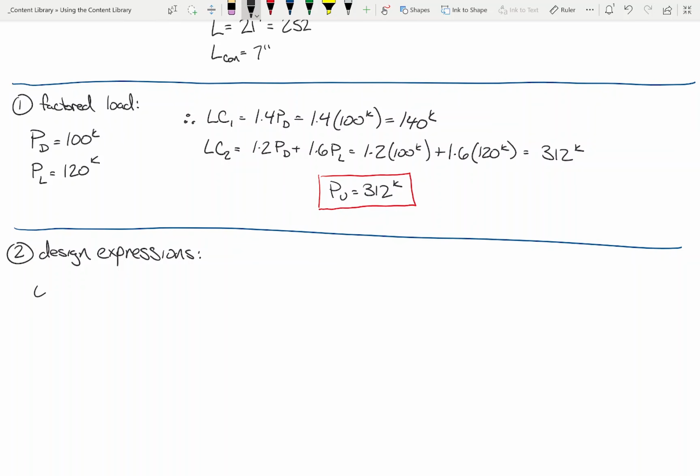What is 0.9 Fy? Now, what is 0.75 Fu? 32.62.